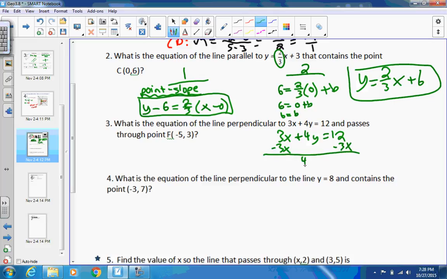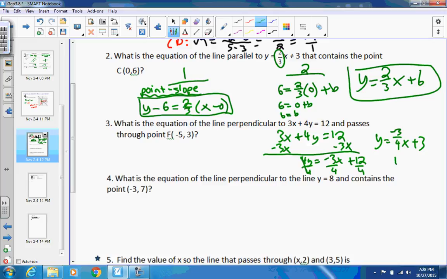So you have 4y equals negative 3x plus 12. Divide all the parts by 4. So you end up with y equals negative 3/4 x plus 3. That's just rearranging the equation so that we have the slope.